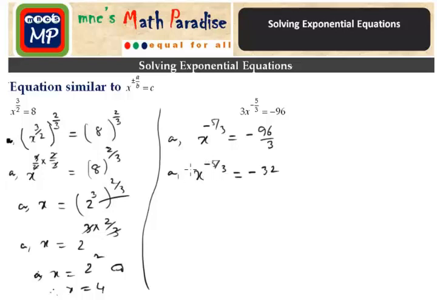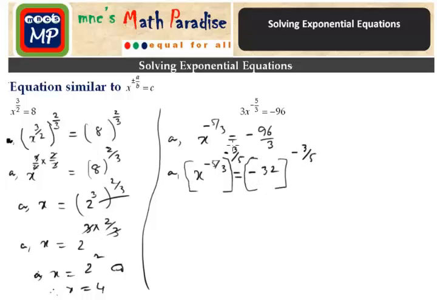Now we need to make x to the power plus 1. We have -5/3. If we take a power of another -3/5, what will happen? This minus multiplication will give plus, 5 will cancel with 5, 3 will cancel with 3, so we will get x to the power 1. On the right hand side, we also take the same power.